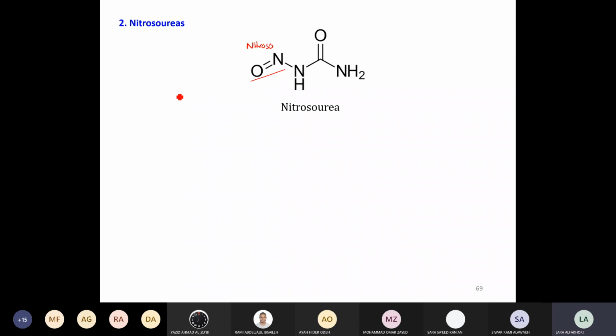Okay, now these compounds were discovered via screening, meaning they screened many compounds. The nitrosoureas were one of the compounds that had some cytotoxic activity. Of course it wasn't huge or potent, but such a compound was taken as a lead compound and they made structural modifications in order to come up with a compound that has more potent activity.